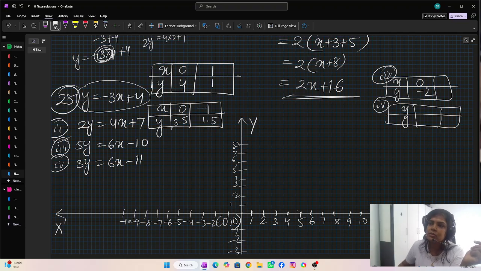Similar way, if x is equals to 1, what we will get? If x is equals to 1, 6 minus 10 is minus 4. So minus 4 by 5. How much? 5 8s are 40.